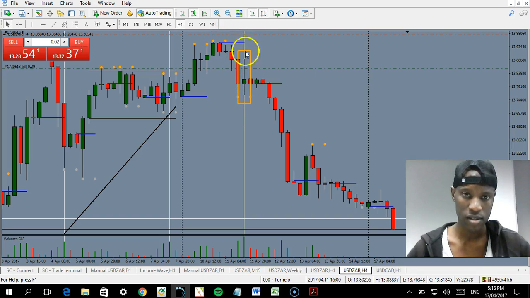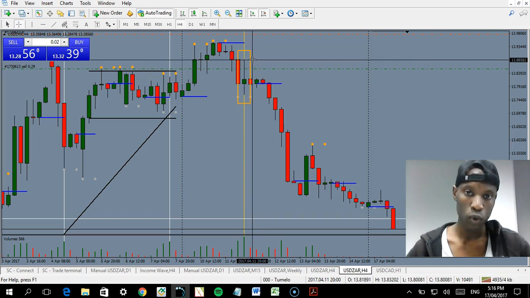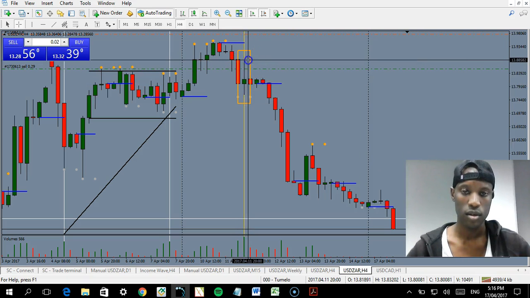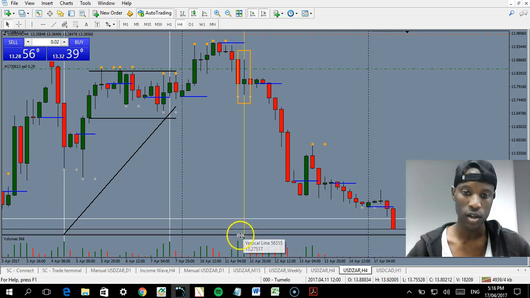And then we have this candle right over here. Now, what does this candle tell us? At some point, this was a full bullish green candle, so we had a sharp increase in price, which was also supported by high volume.